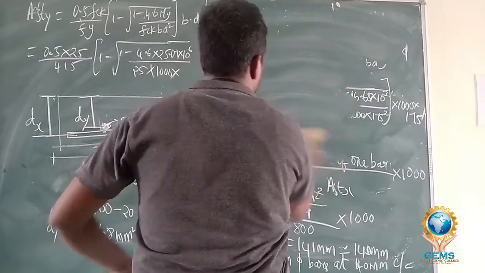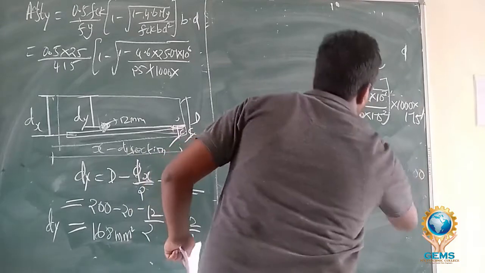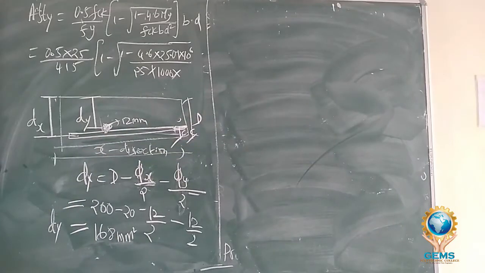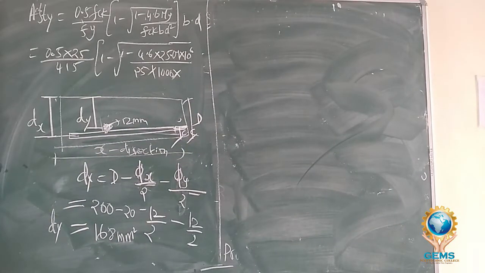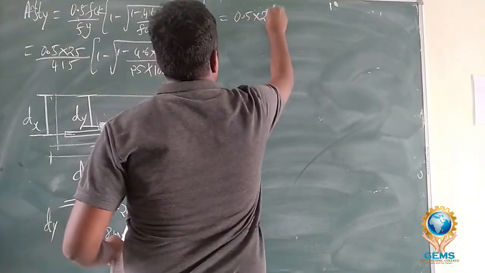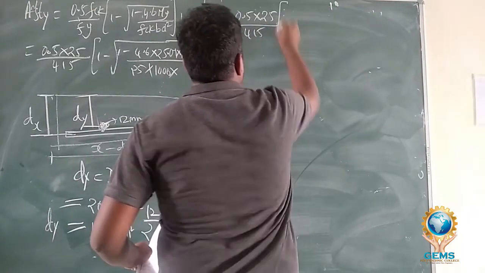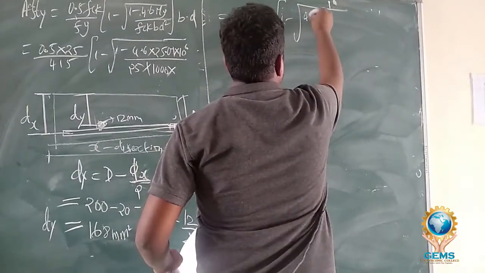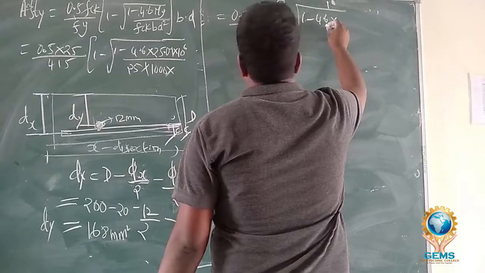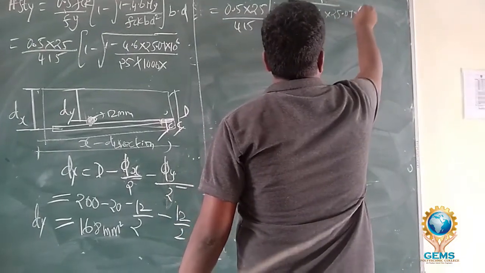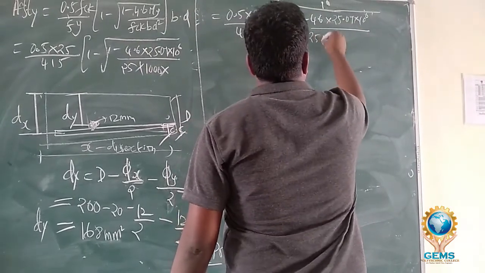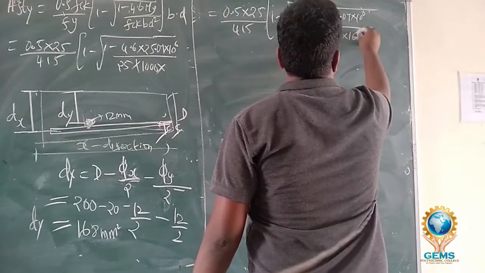So substitute that depth in y direction. This same thing I will write here. 0.5 into 25 divided by 415 into 1 minus root of 4.6 into 25.07 into 10 to the power of 6 divided by 25 into 1000 into 168 square.